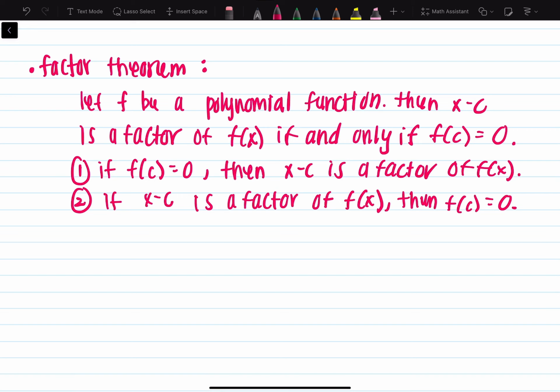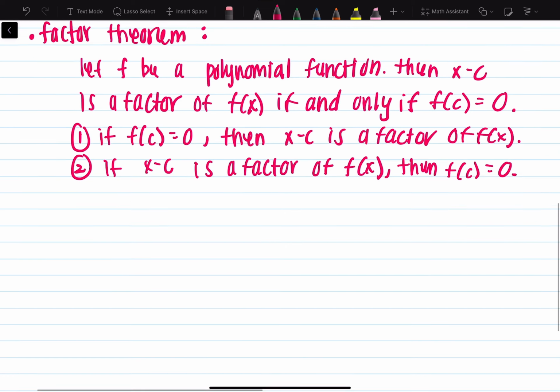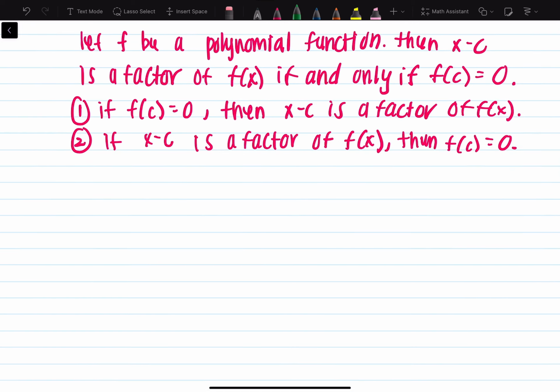And the factor theorem is super important because finding the factors of a polynomial is one of the most frequently asked things when you're working with them. Obviously, the most common polynomials that you guys have probably worked with in the past are quadratics.